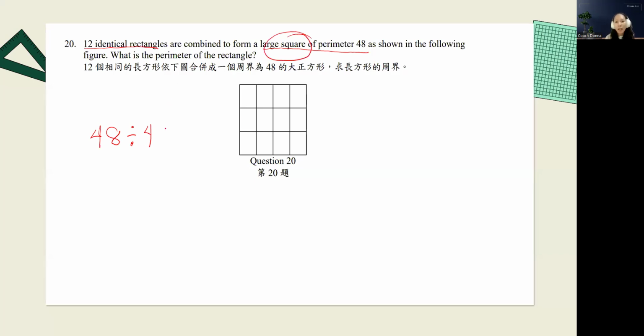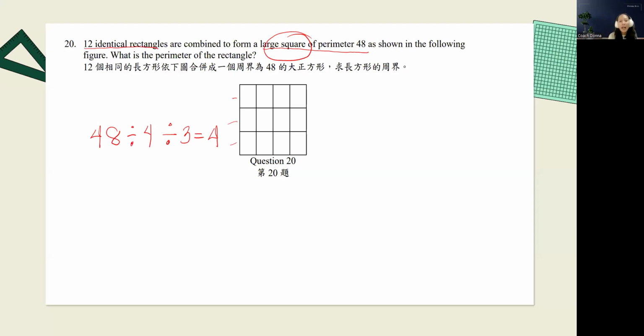So 48 divided by 4, and then let's divide it by 3, because we have 3 parts right here. 48 divided by 4 is equal to 12.